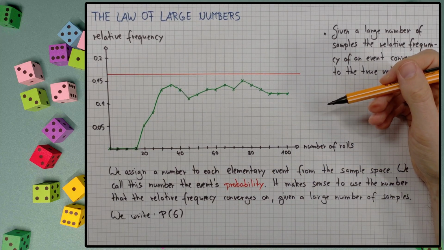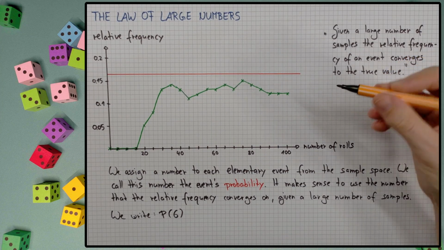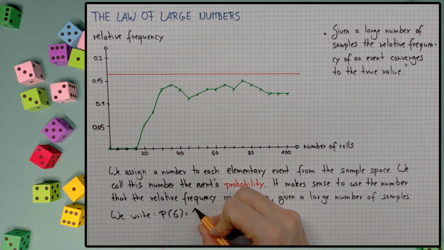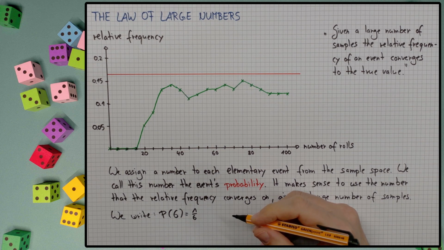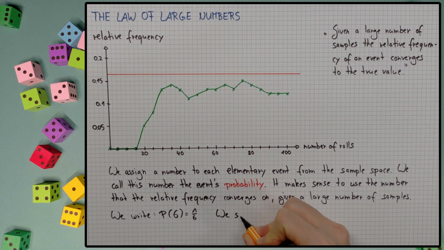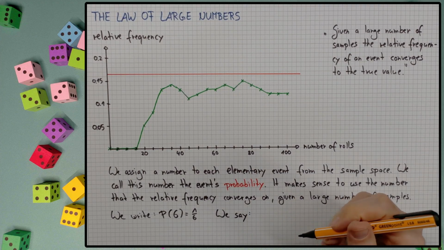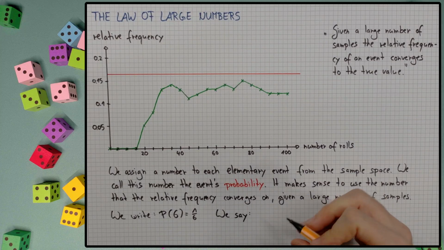we're going to put a capital P for probability. We're going to put the event in parentheses. And we're going to say that is equal to 1/6. And there's basically two ways of saying that.